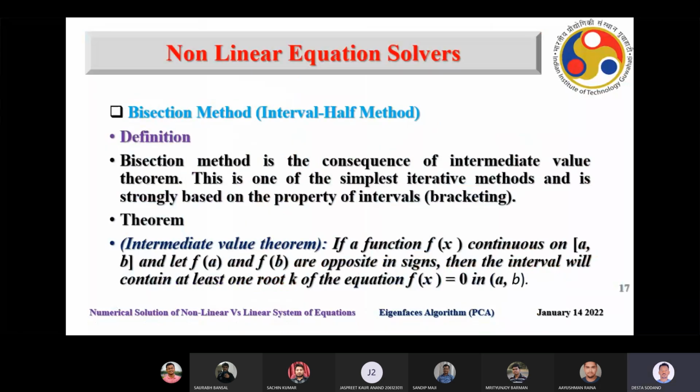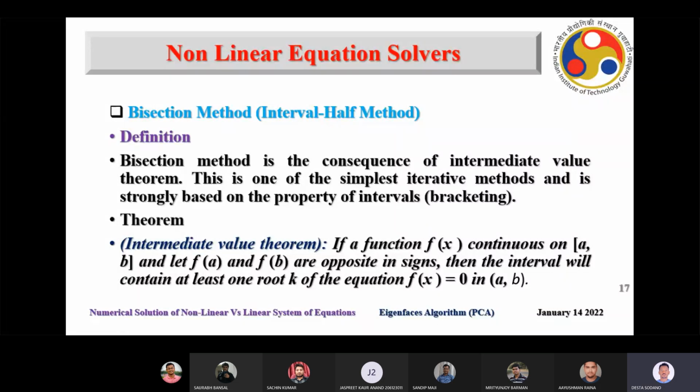The first bracketing method for nonlinear equations we call the bisection method or interval halving method. In the bisection method, most of the time we apply a theorem called the intermediate value theorem. The intermediate value theorem helps simplify these iterative methods using two interval endpoints.